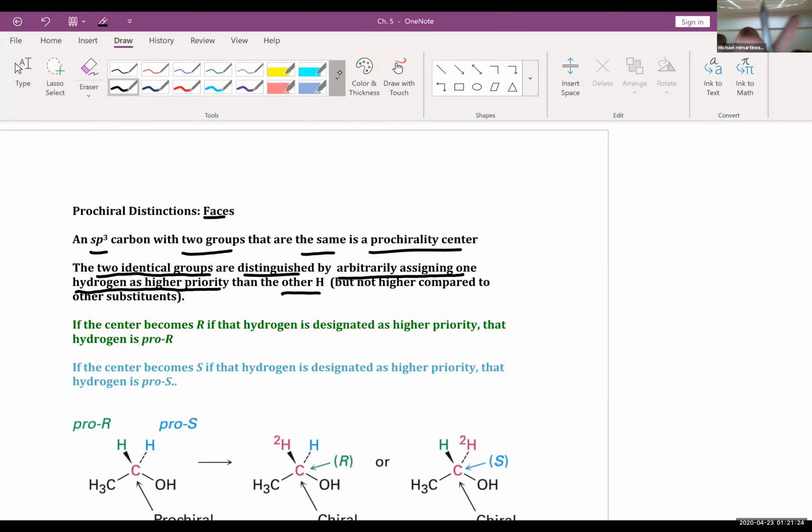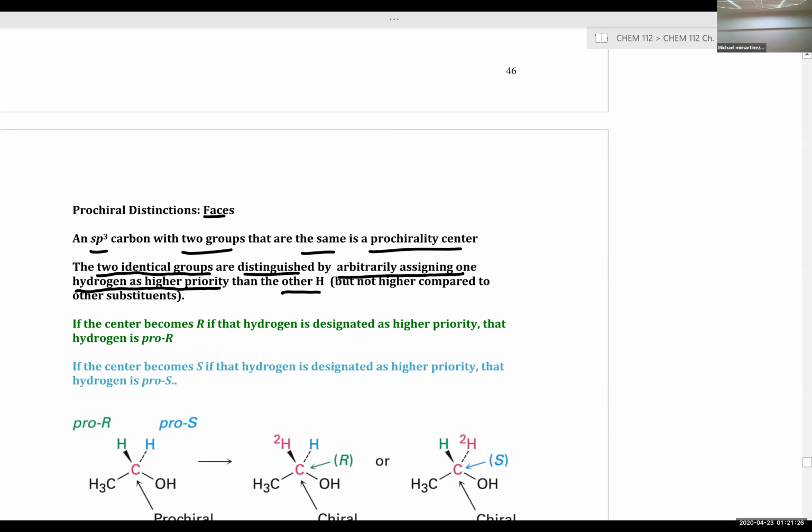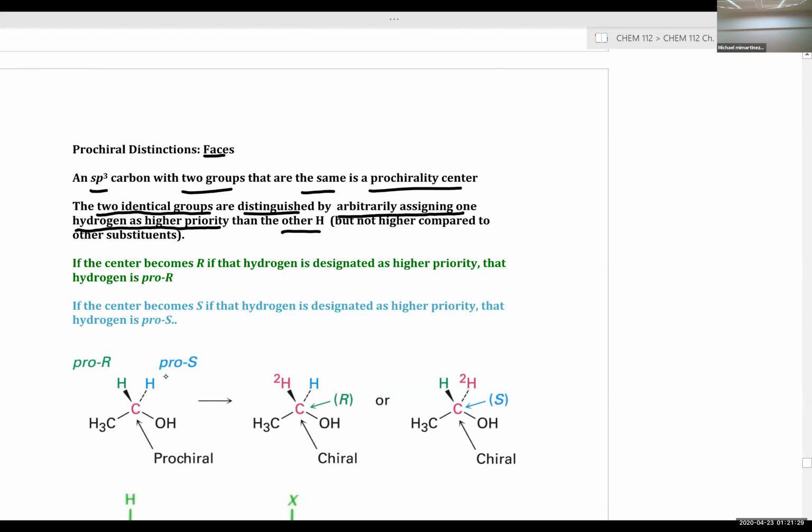So, for example, let's suppose we have these two hydrogens. If the center becomes R, if that hydrogen is designated as higher priority, then that hydrogen is pro-R. So let's suppose we assign priority. So 1, 2, 3, okay? And that in turn gives us an R configuration. Then we'd call this hydrogen in green pro-R. Does that make sense to everyone?